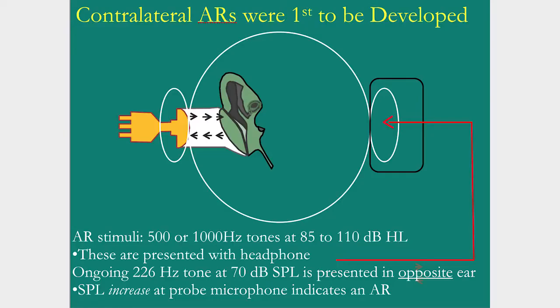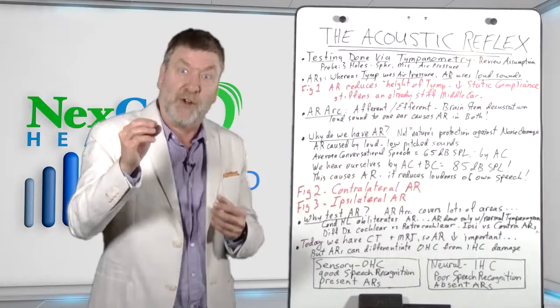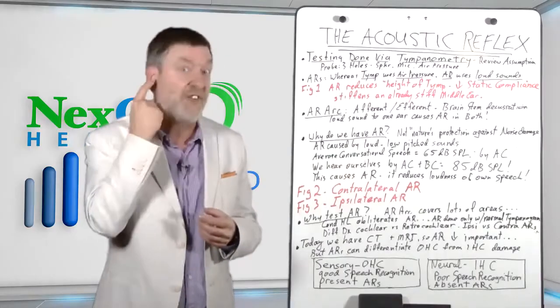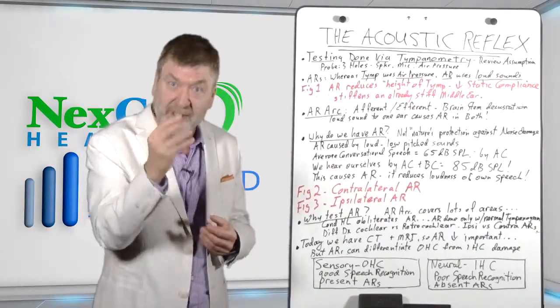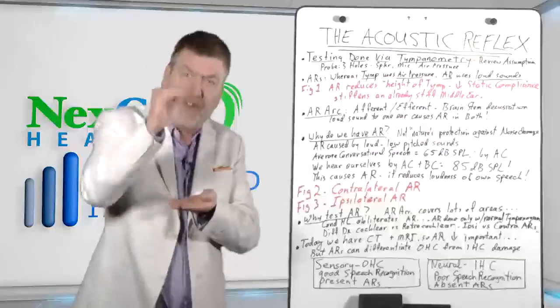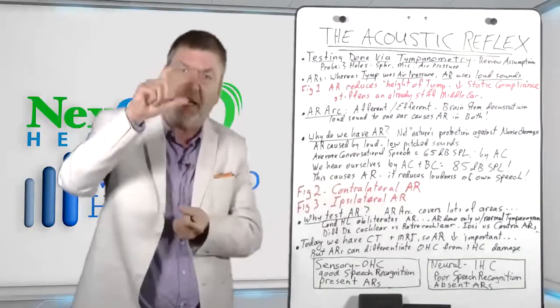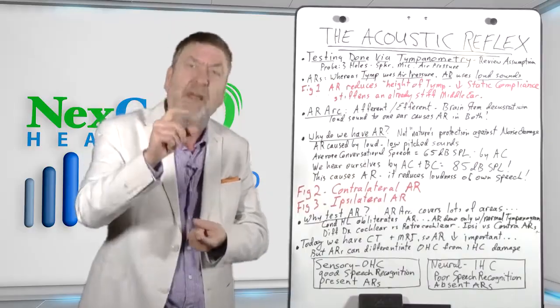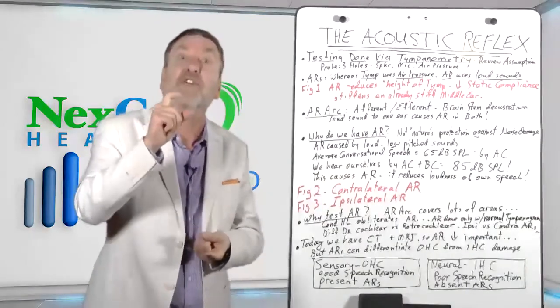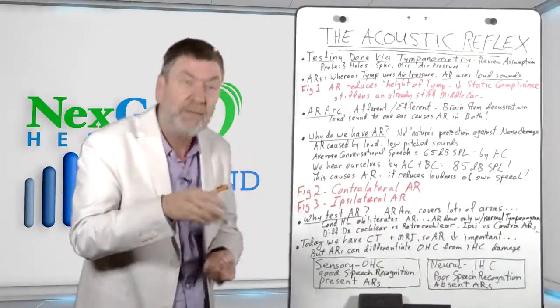Actually, it increases the amount of sound bouncing off the eardrum, therefore reducing the efficiency of this middle ear for a split second. And that reduction in tympanogram size, that reduction in static compliance in the height of the tympanogram, is what is measured as the acoustic reflex.